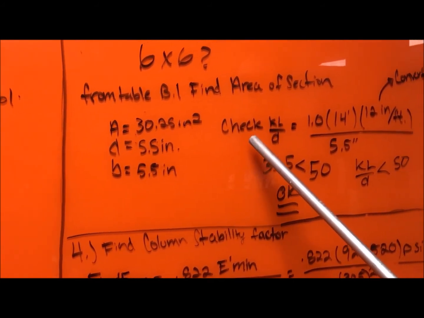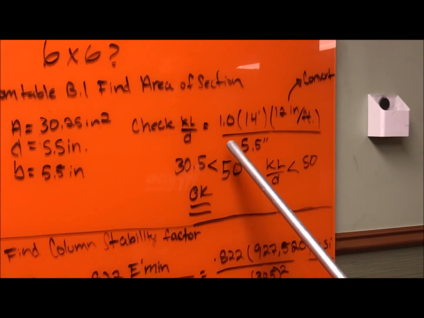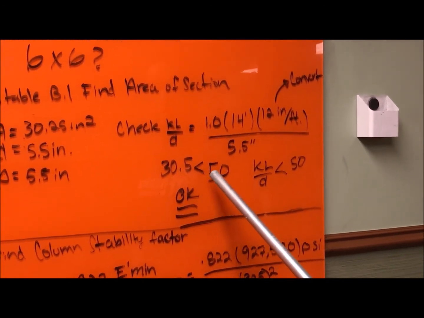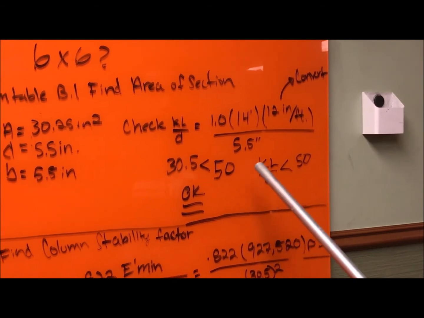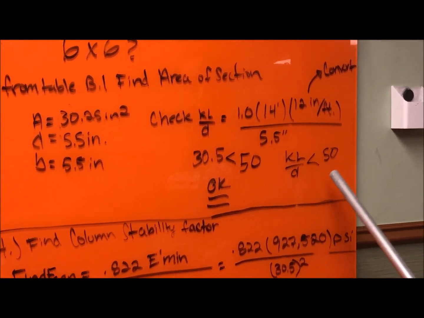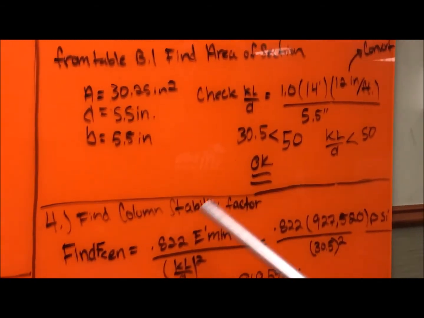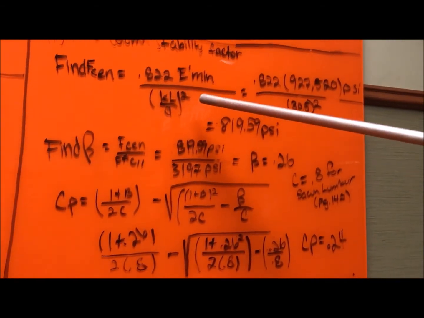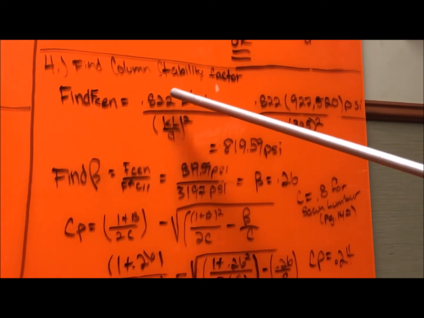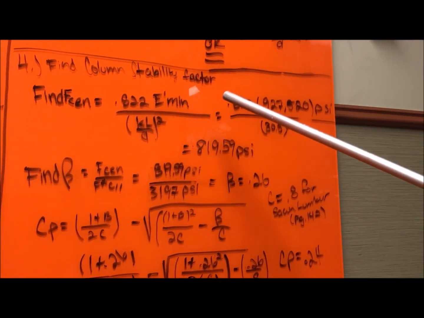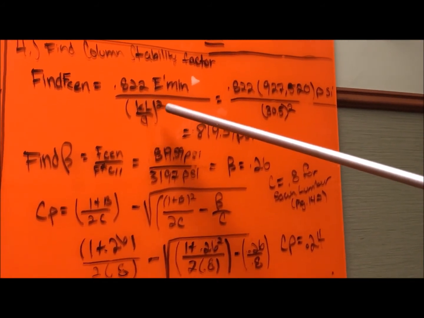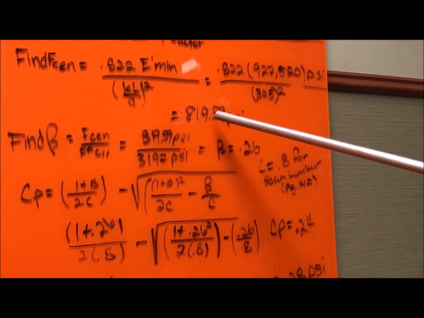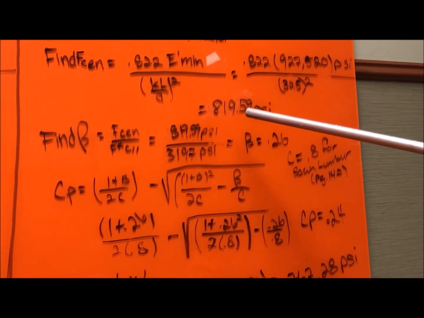So we went ahead and checked KL over D, and after plug and chug, it's going to equal 30.5, which is less than 50, which is perfect, since KL over D is supposed to be less than 50. After that, we find FCE, and we plug and chug 0.822, E prime min, over KL over D squared. After plugging and chugging, we get 819.59 psi.